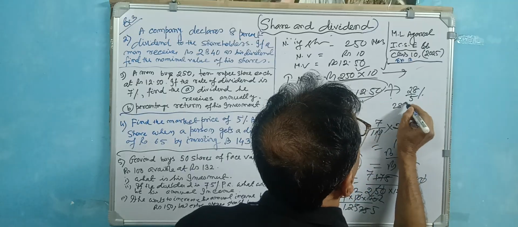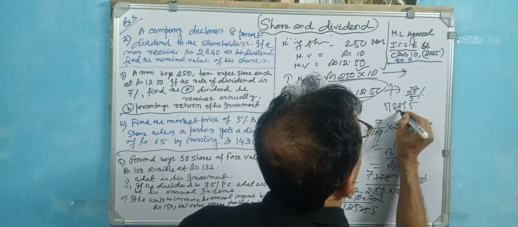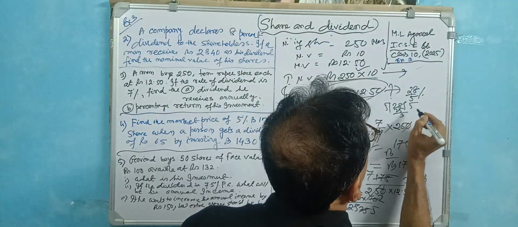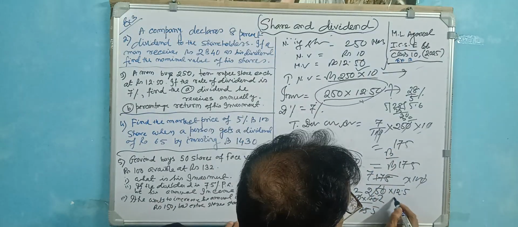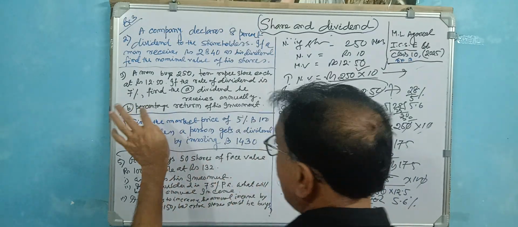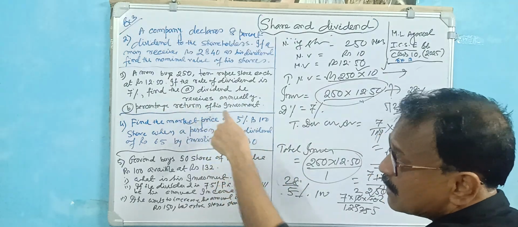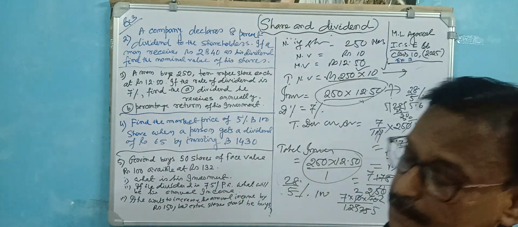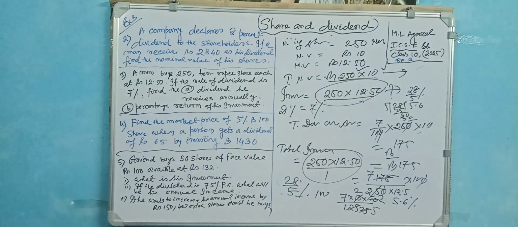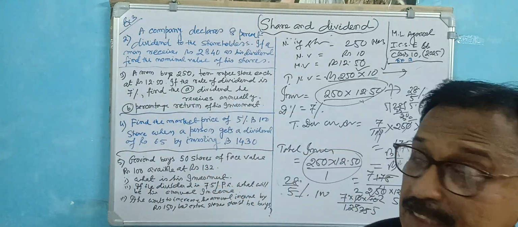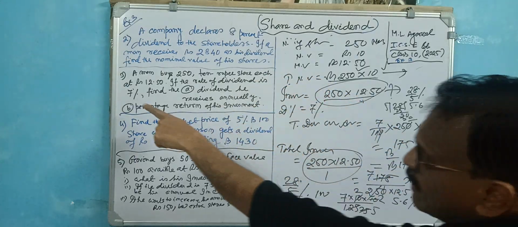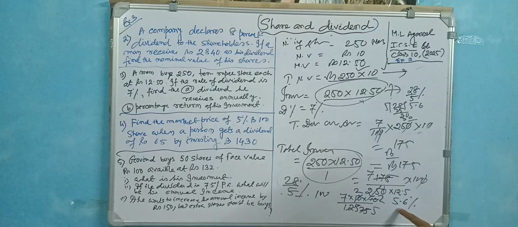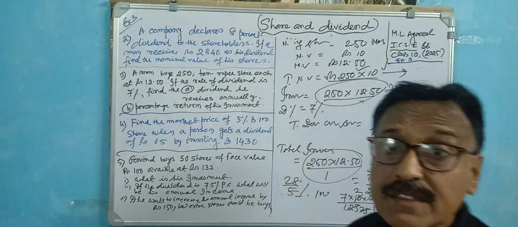So actually 28/5 is 5.6. So the percentage of return is 5.6%. What is the percentage return of his investment? 5.6%. In the last video I said, when the market value is greater than the nominal value, the percentage return decreases. What is the dividend rate? It is 7%. Here the percentage return is 5.6 because you bought the share at a premium.